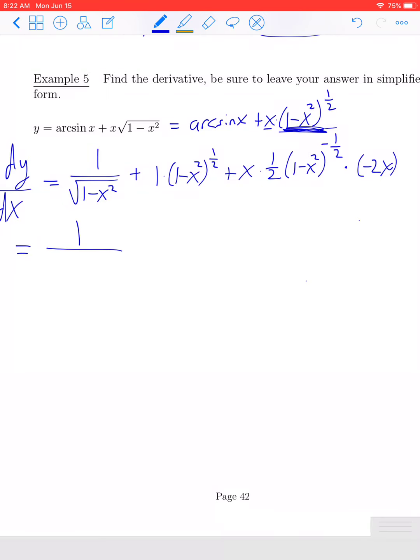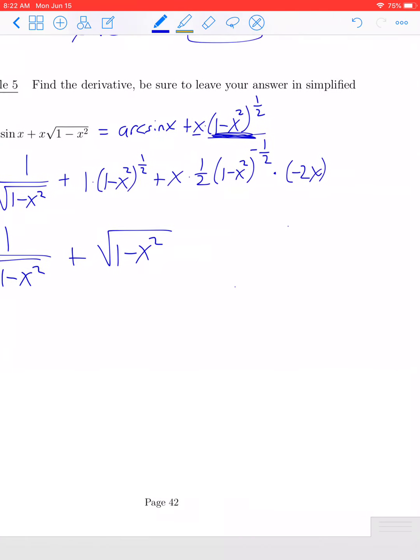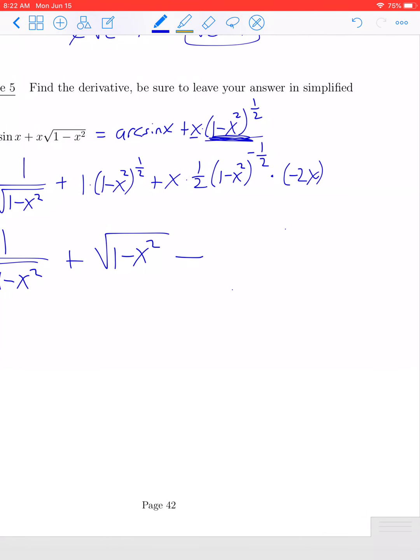We have 1 divided by the square root of 1 minus x squared plus, this thing here is essentially the square root of 1 minus x squared. And now I'm going to have a minus, the 1/2 and the 2 cancel. We still have that negative coefficient coming from this part right here. We have x times x, which is x squared.